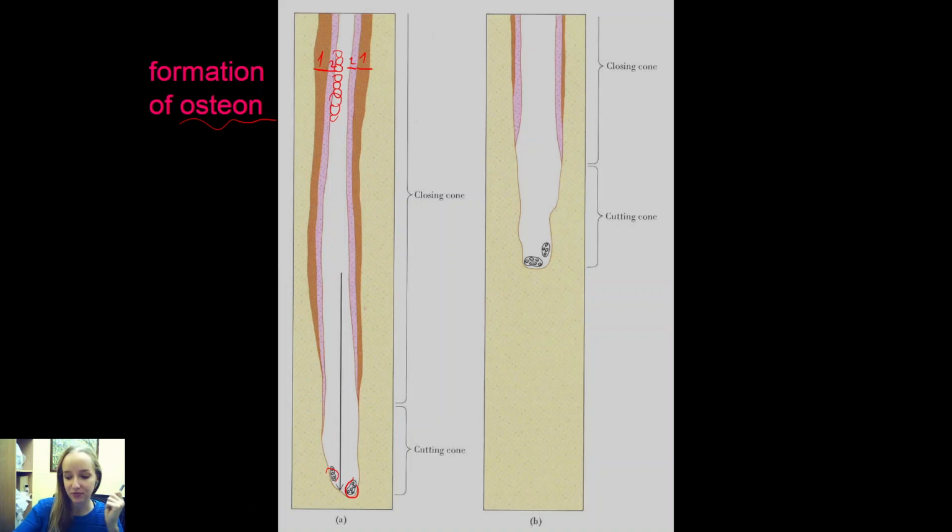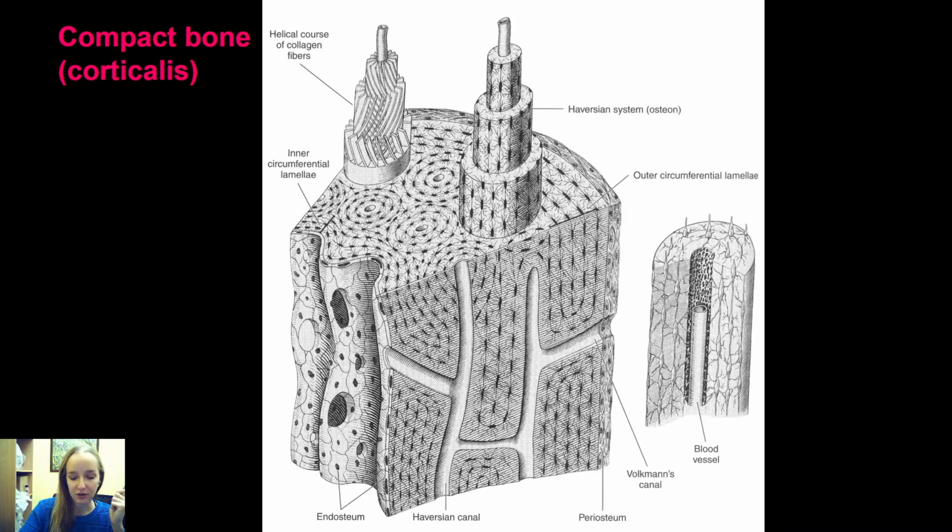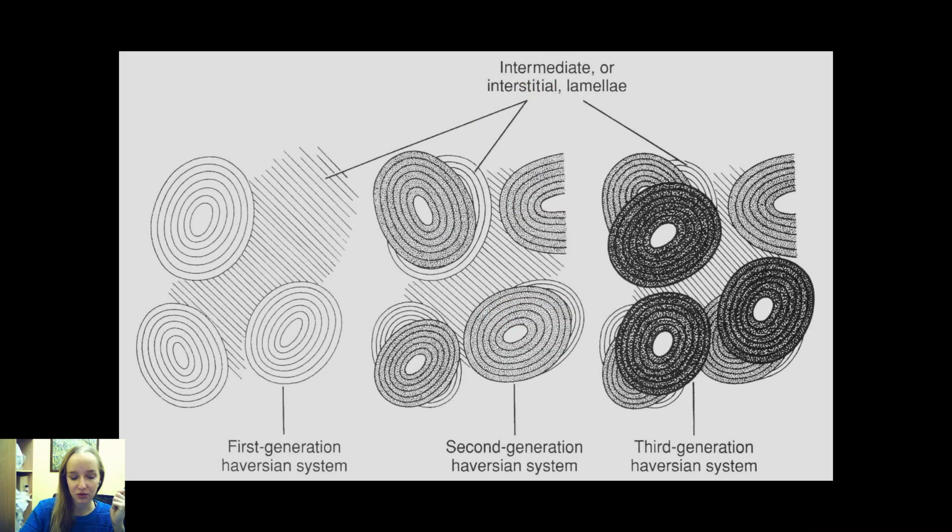We will see that on other pictures here, how they are formed. They are some kind of first generation Haversian systems, then there are second ones. They gradually close these first generation systems, so more and more lamellae are formed. Sometimes you're not able to see them.